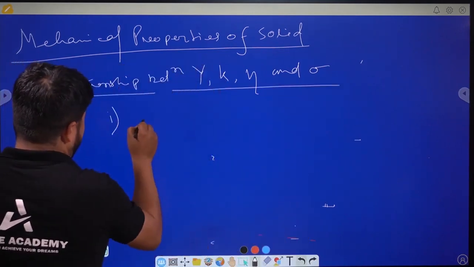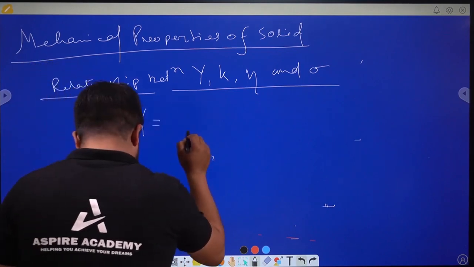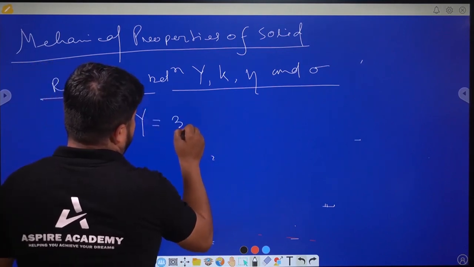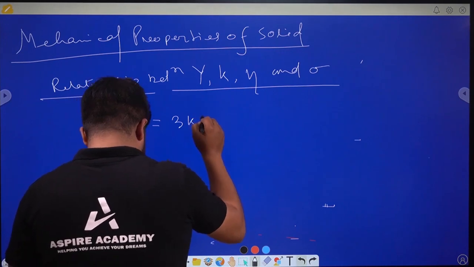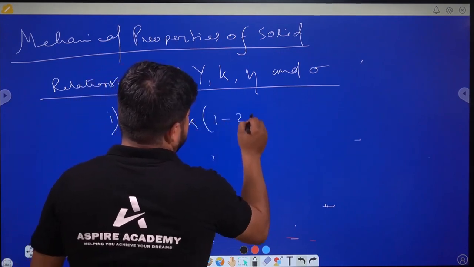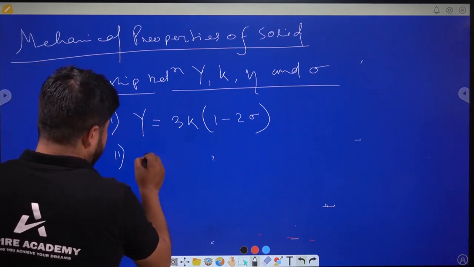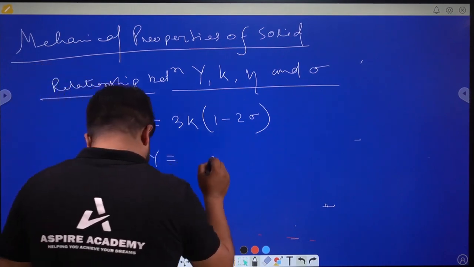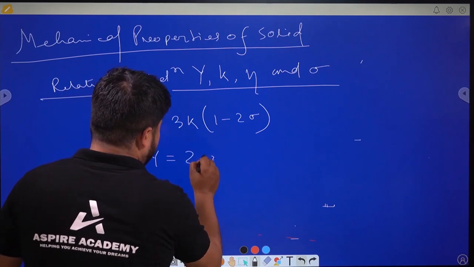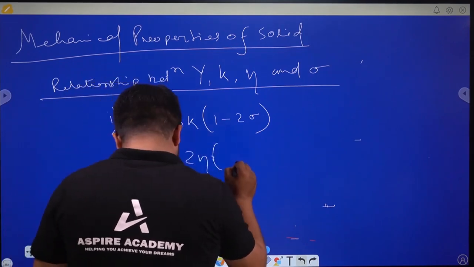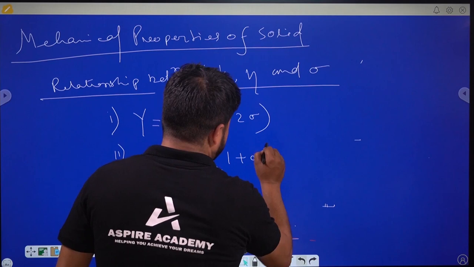First, Young's modulus Y is equal to 3 kappa into 1 minus 2 sigma. The second formula is Y is equal to 2 eta into 1 plus sigma.